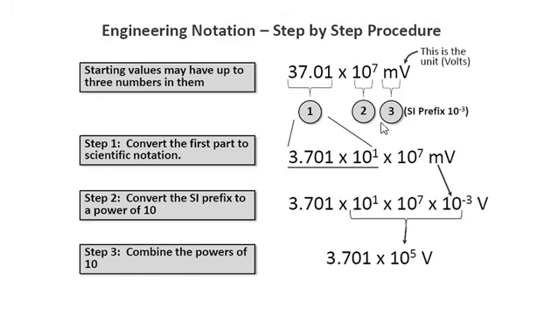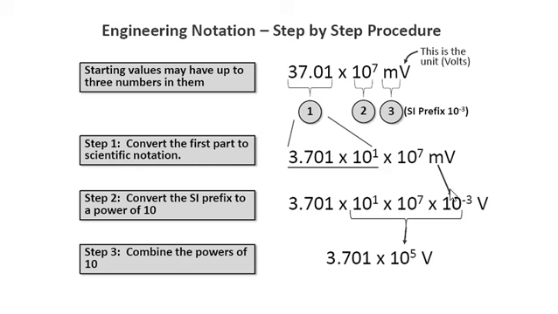Just reiterating step by step. We have 37.01 times 10 to the power 7, and here is your milli and then your volts. You're going to convert the first part, which is this guy, to scientific notation: 3.701 times 10 to the power 1, and then times your second part, 10 to the power 7.